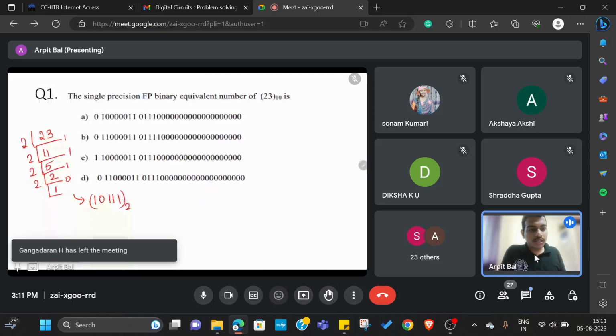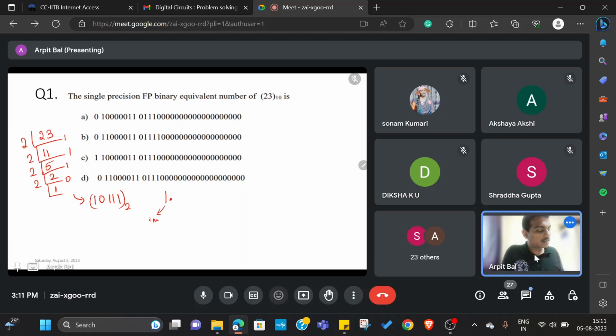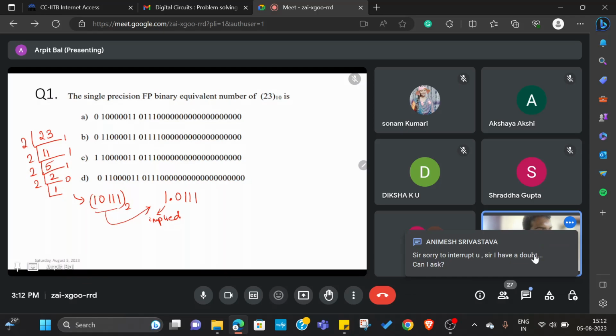But according to the IEEE standard, we need to represent it in a form where there is an implied 1 and then the rest of the digits. So in this format we will have 1.0111.